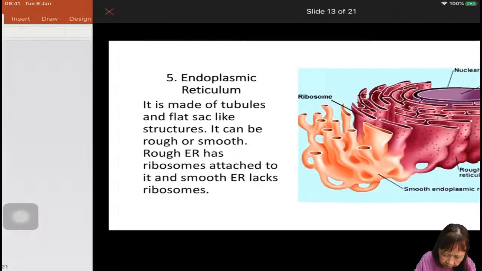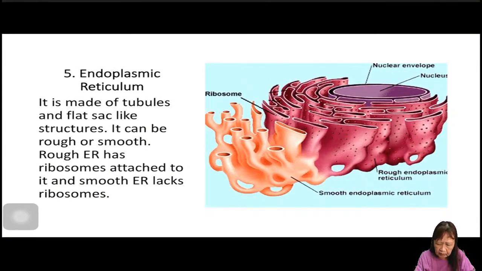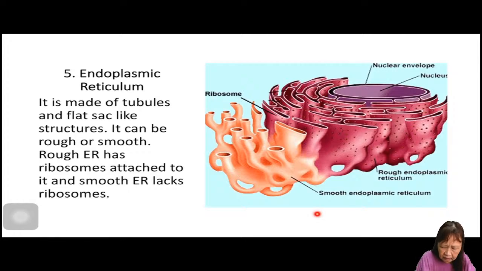We have the endoplasmic reticulum. The endoplasmic reticulum is a part of the cell that is made up of 2 parts. One is smooth and the other one is rough.